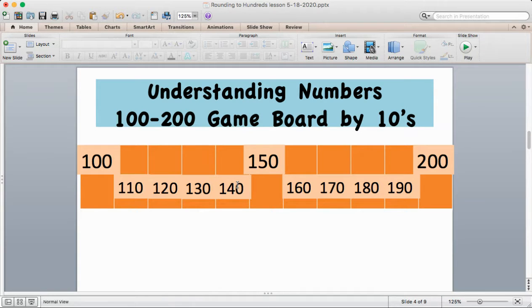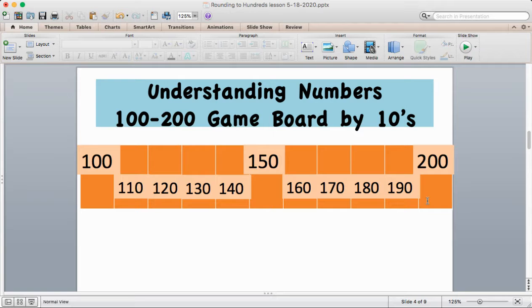Anything below 4 is going to round to the lower 100. Anything 5 and above is going to round to the higher 100. So we're looking at our numbers and we can still see zeros here. 1, 2, 3, 4, 5, 6, 7, 8, 9, and then this would be our 10.